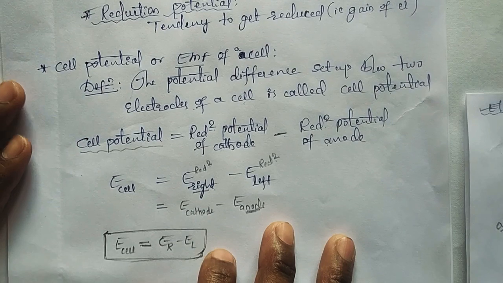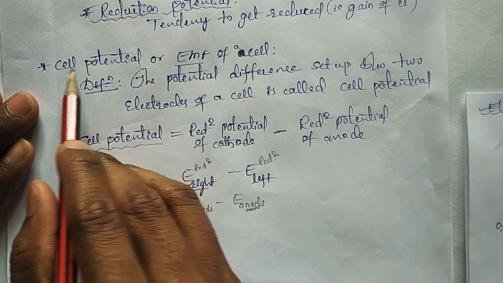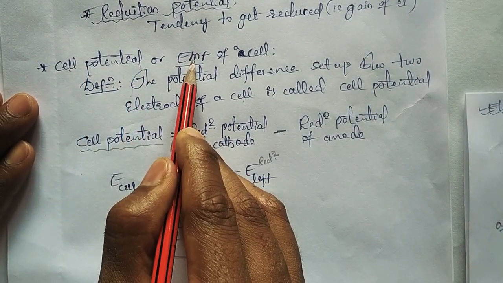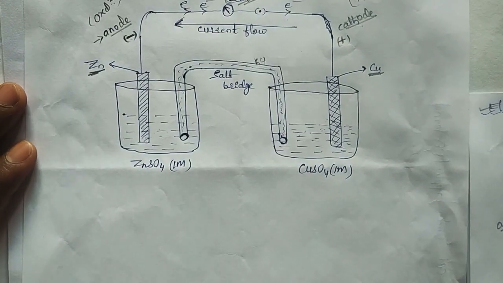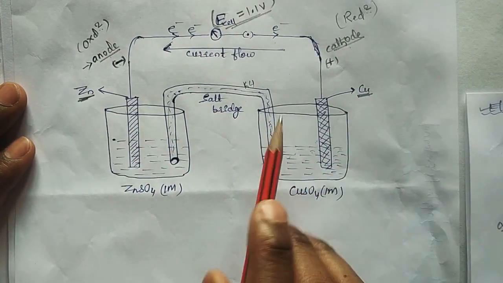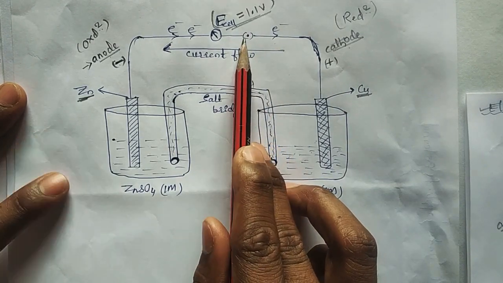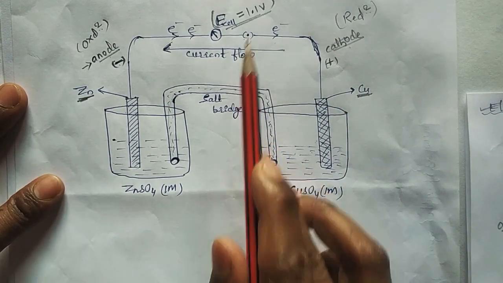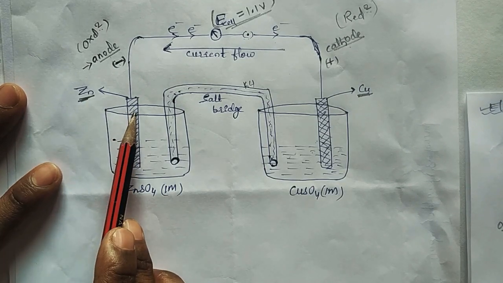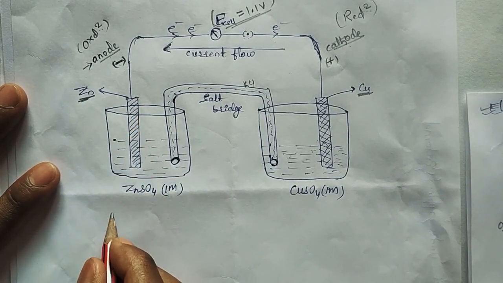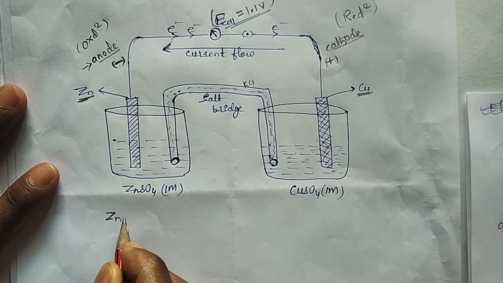Even though there is a small difference between cell potential and EMF. What is that difference? आप यहाँ पर देख सकते हैं वो difference क्या है. If the plug key is not connected in this part, the zinc electrode has a tendency to undergo oxidation. तो ये oxidation का tendency है इसको.